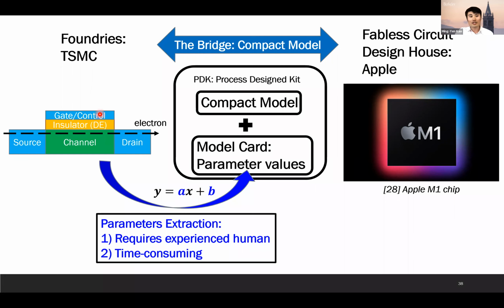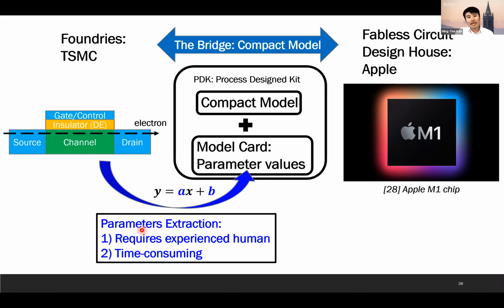For example, TSMC can send out this PDK to, let's say, Apple for their design of the M1 chip. And before sending out, they have to run this parameter extraction to make sure the compact model describes their new technology in a good way.